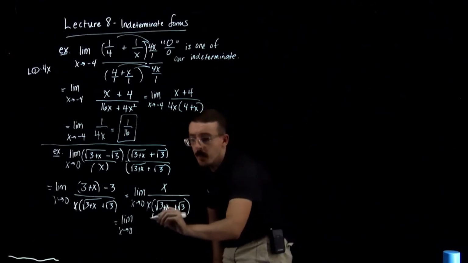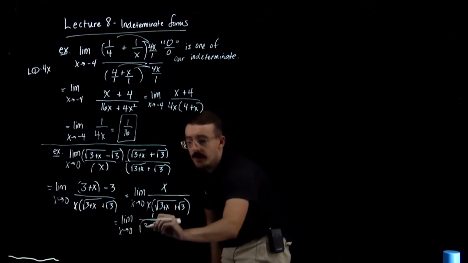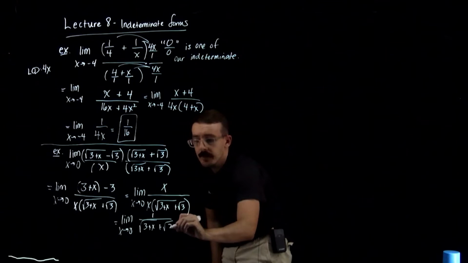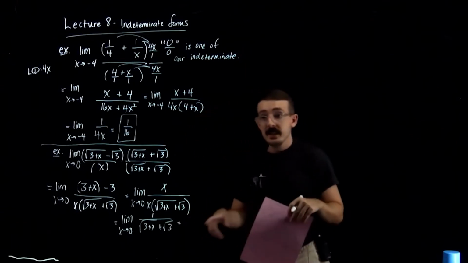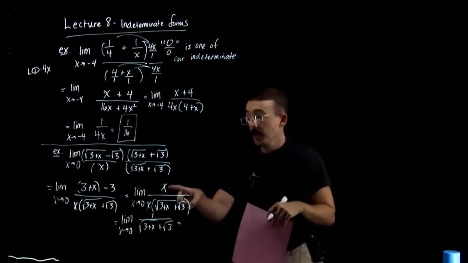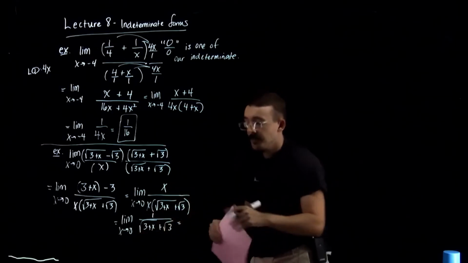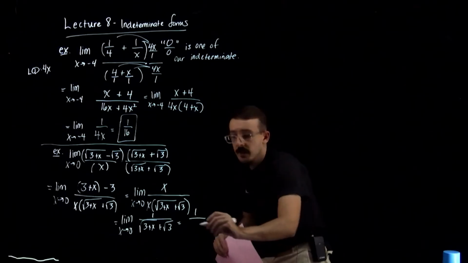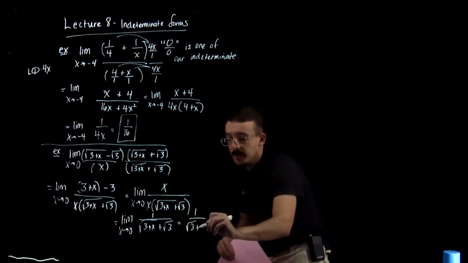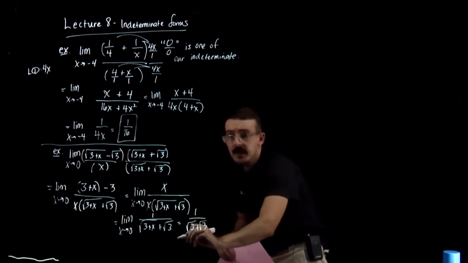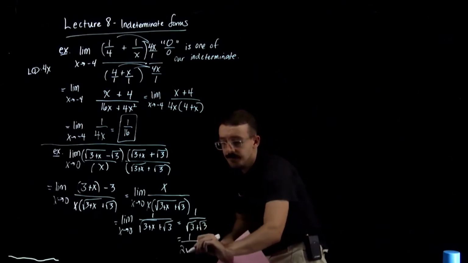Remove these x's here. I get 1 over radical 3 plus x plus radical 3. At this stage now, you can plug in 0. So before I couldn't do it because I'd get 0 over 0. But now if you plug in 0, you're going to get 1 over root 3 plus root 3. And this is just 1 over 2 root 3.